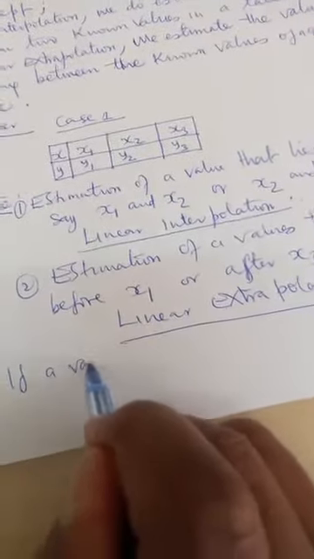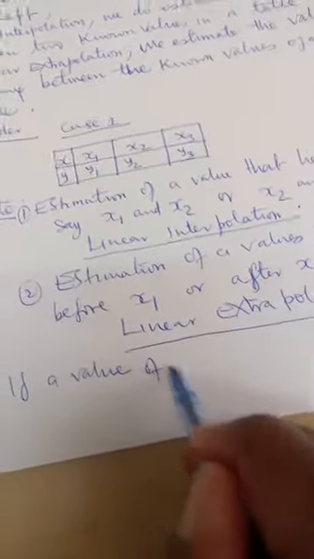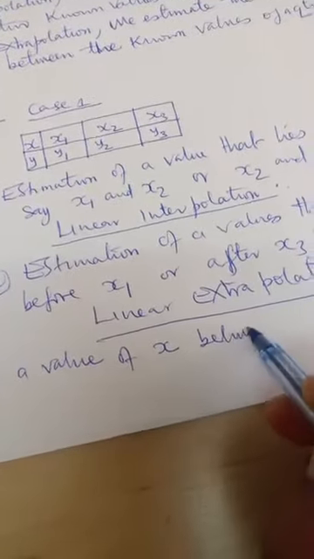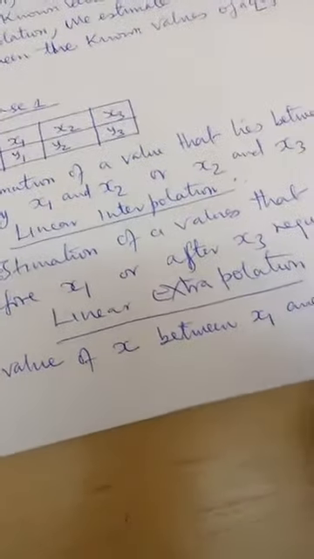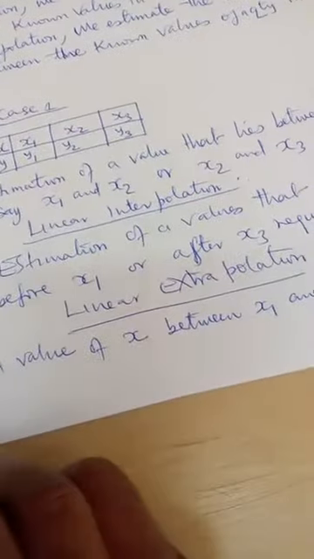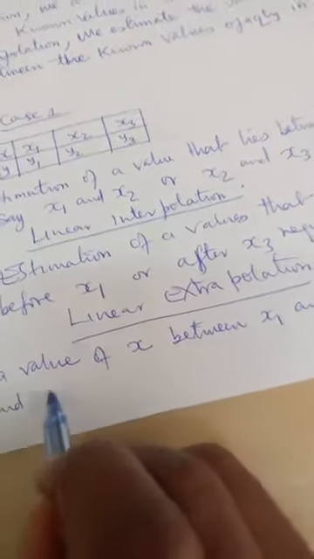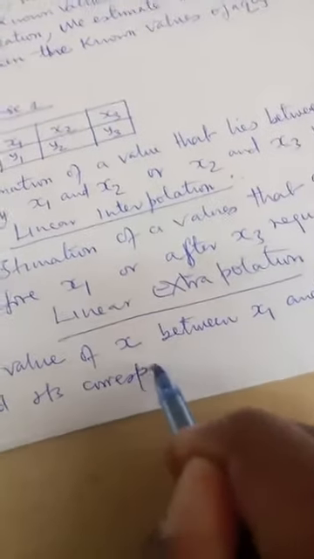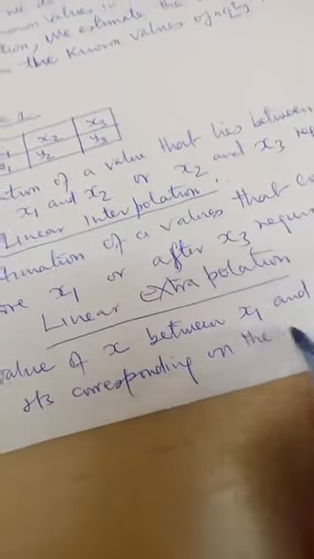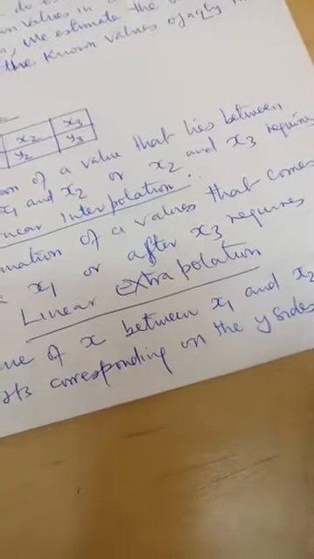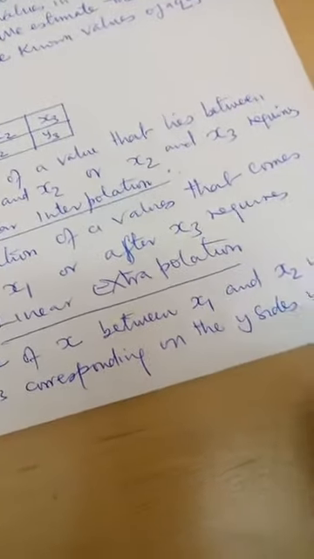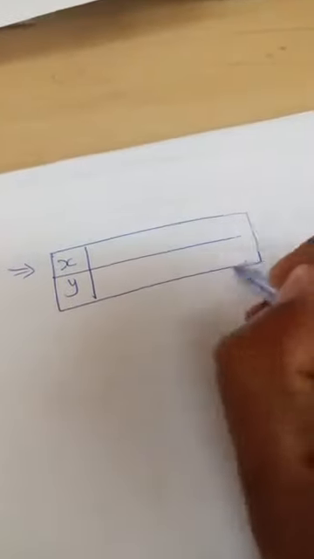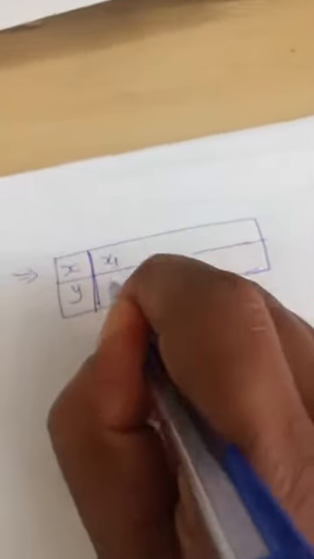If a value of x between x1 and x2 is say P, and its corresponding value on the y side is Q, then as I turn over, I can say that it would imply that my XY table for the part of interpolation, as we've said, has x1, y1.